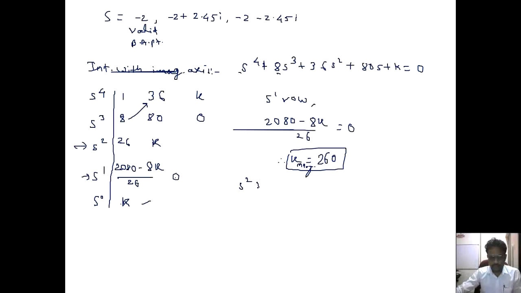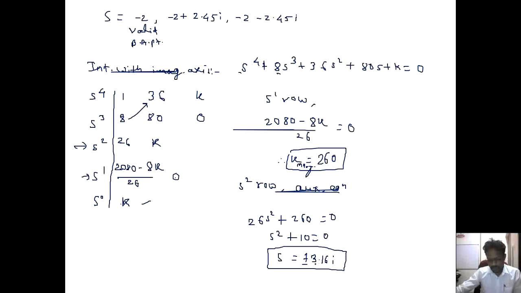So the s raised to 2 row auxiliary equation is 26s square plus k, and k is 260, equal to 0. So if we divide the whole equation by 26, s square plus 260 by 26, which gives 10, equal to 0, and hence s equals the square root of minus 10, so plus minus 3.16i.